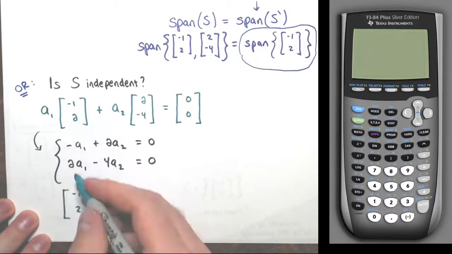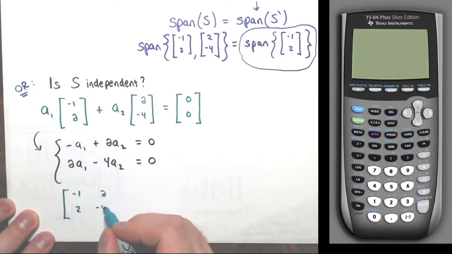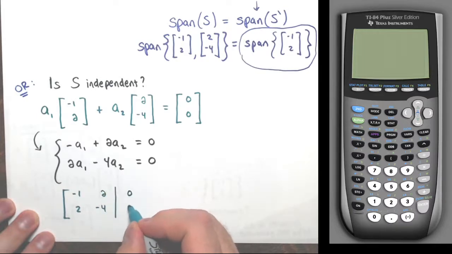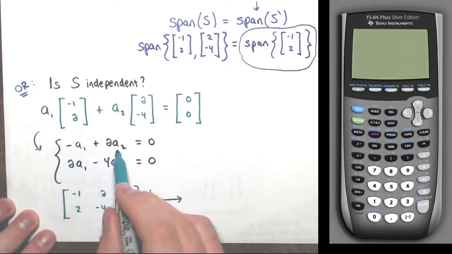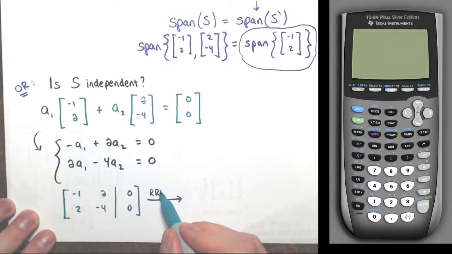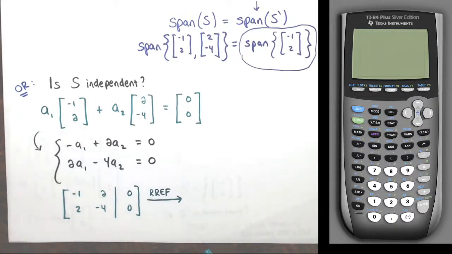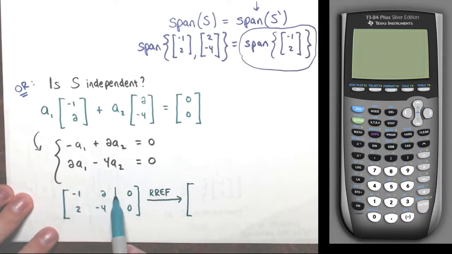Again, just that first vector in the first column, the coefficients of A1, and then 2, -4 in the second column. Bar with some zeros. Again, in a future example, I might not be putting these zeros because these will always be zeros. And then I put this in reduced row echelon form, which would be pretty simple here. I could have solved this on its own with elimination or substitution, but I'll multiply that top row by 2 and then add it to this row to make a row of zeros.